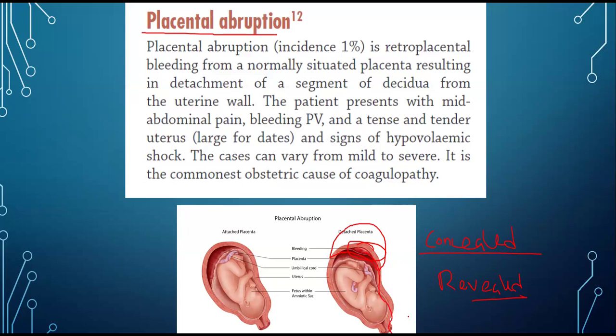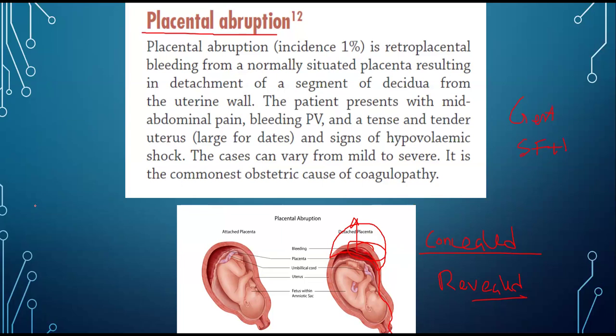So there are two types of placental abruption. One is the concealed variety where blood will get accumulated. Because it gets accumulated, the uterus will be very large, so you will find that the uterus is larger than the gestational age. Gestational age usually correlates with the symphysiofundal height, or height of the uterus.